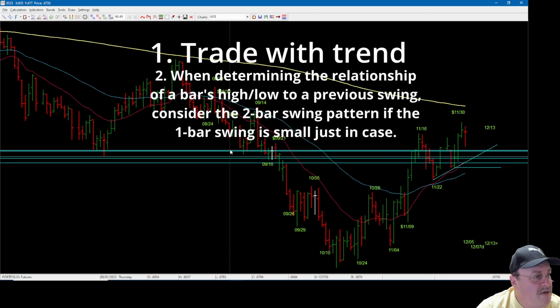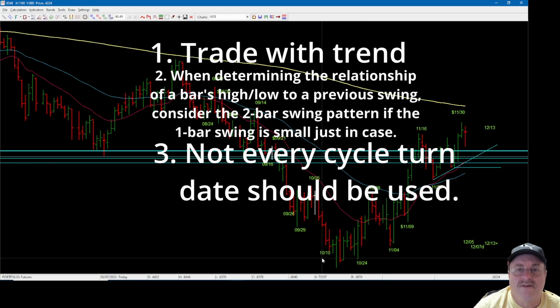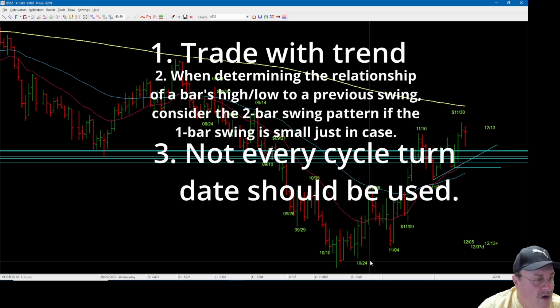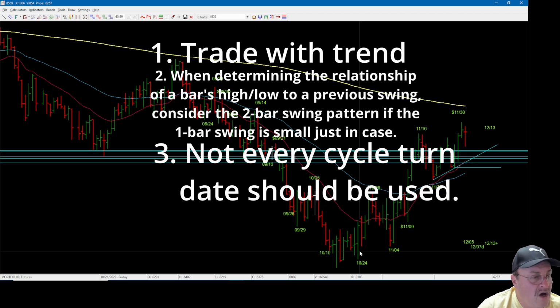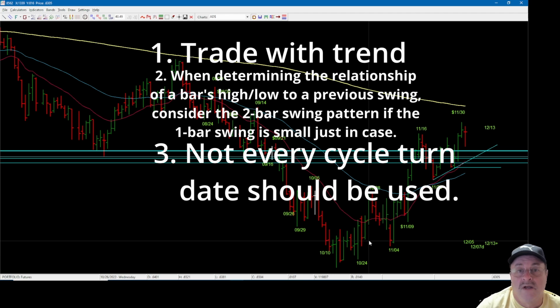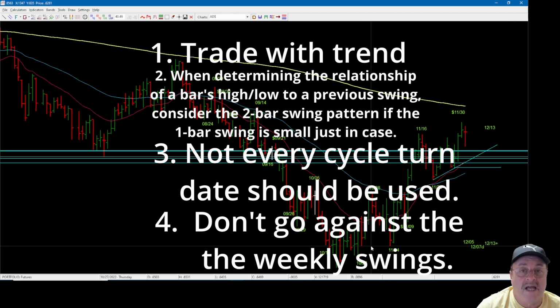Another thing too is that we don't trade every F date. We only trade the ones that allow us to trade with the trend, as we've just determined how to do that. Lower swing tops, higher swing bottoms. Okay. Also remember that on the weekly time frame, you certainly don't want to go against the weekly move.